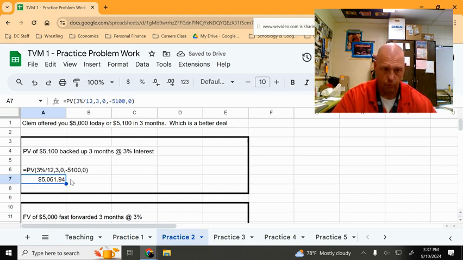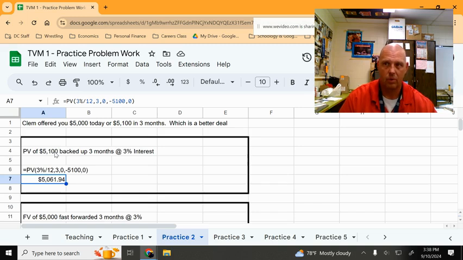Well, that money is really worth $5,061.94. Take the $5,100 and back it up to today: $5,061. Now, we could stop right here and say $5,061 is better than $5,000 today. Let's wait and get our $5,100 at the end of the summer. That's just the straight math of it.